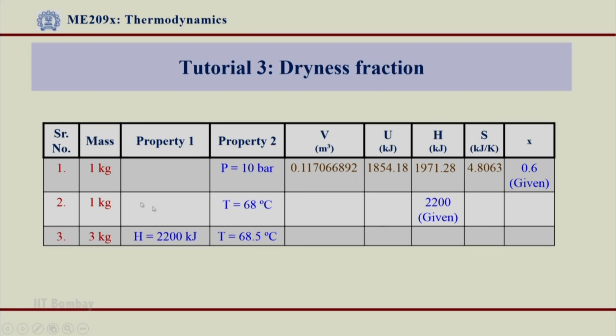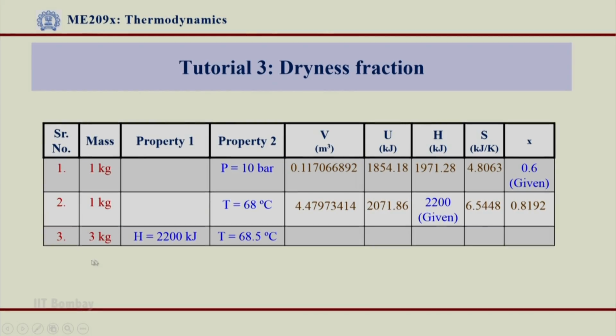So here in this table now, just by knowing the two values, T is equal to 68 degrees centigrade and H is equal to 2200, we can get all other values, that V is equal to 4.47 meter cube, U is equal to 2071, S is equal to 6.54, and X is equal to, as we found first, 0.8192. Although these values have been given larger decimal points, you can actually just have first two digits after the decimal, and that is good enough.